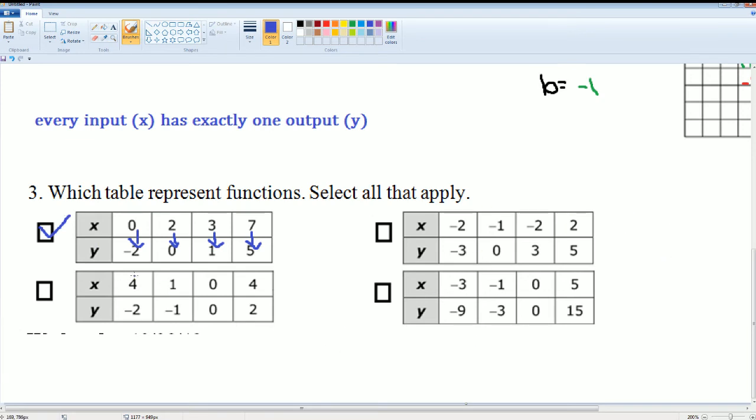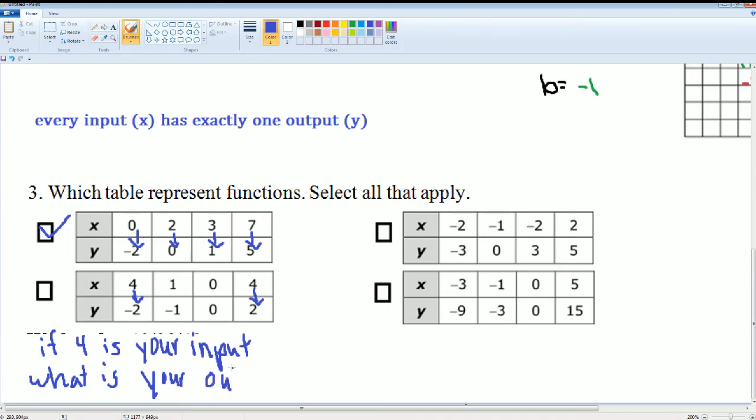Here, let's do this one. If you plug in a 4, what do you get? -2. Wait, makes no sense. If you plug in a 4, you get a 2. Uh-oh, which one do you get? If y is your input, what is your output based on this chart?